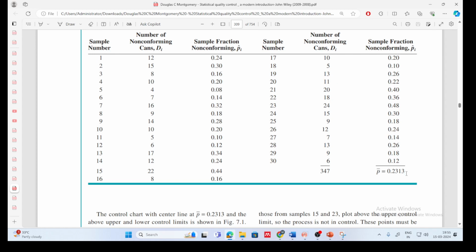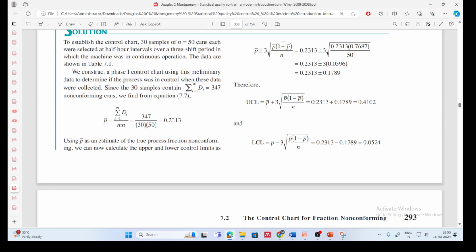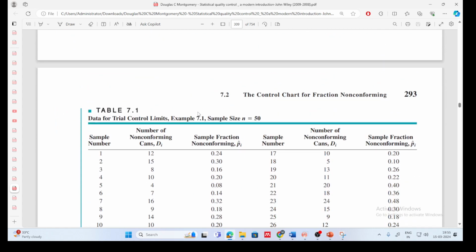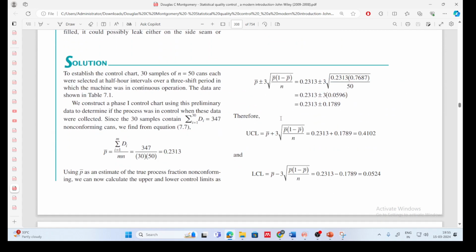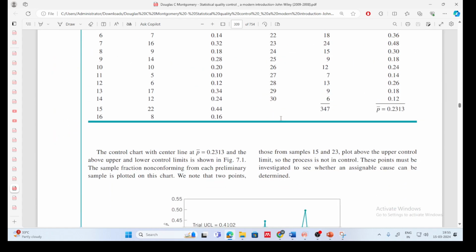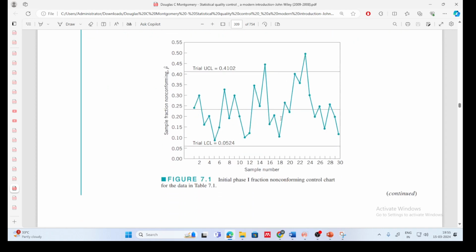So we can get p bar from here. We'll take the average of all these, 0.4, 0.3, 0.16, and then we'll get p bar. The total number is 370, so we have m times n, 30 into 50. We'll calculate the upper control limit and then the lower control limit, and based upon that we have to interpret here.